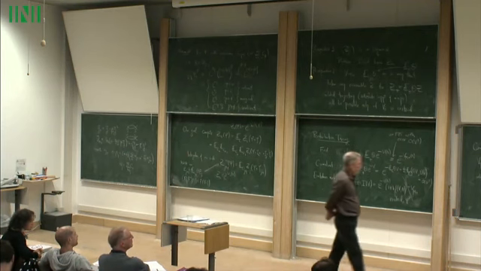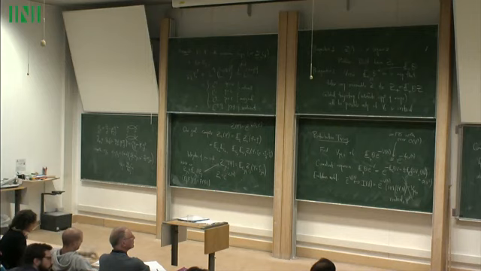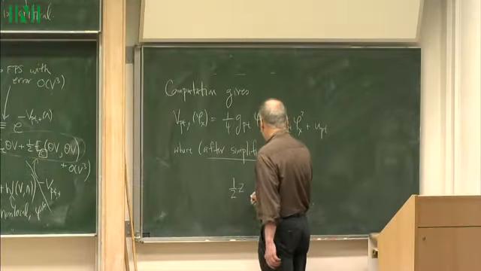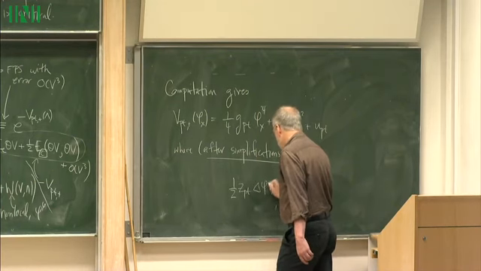So in the Euclidean case, if you did this computation, you would find that you should include another term, one half some other term.